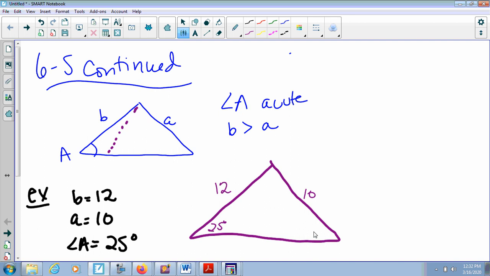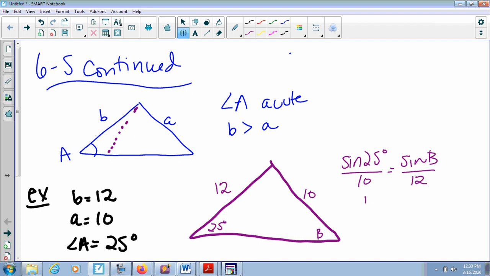So what we have to do is figure out if we're going to get two triangles out of this, or one triangle, or no triangles at all. The first thing that I would do in this particular problem is see if I can find this other angle just by using law of sines. So that's sine of 25 degrees over 10 equals sine of, I'm going to label this B, B over 12.